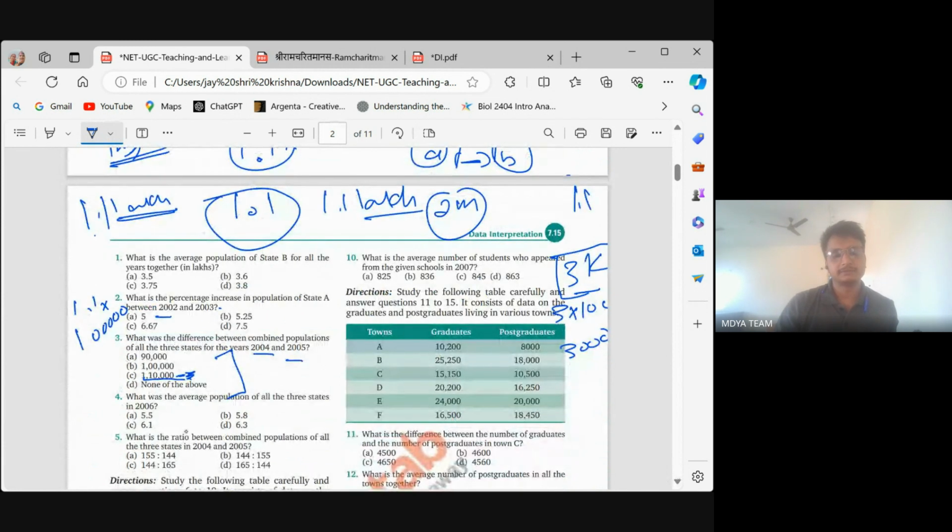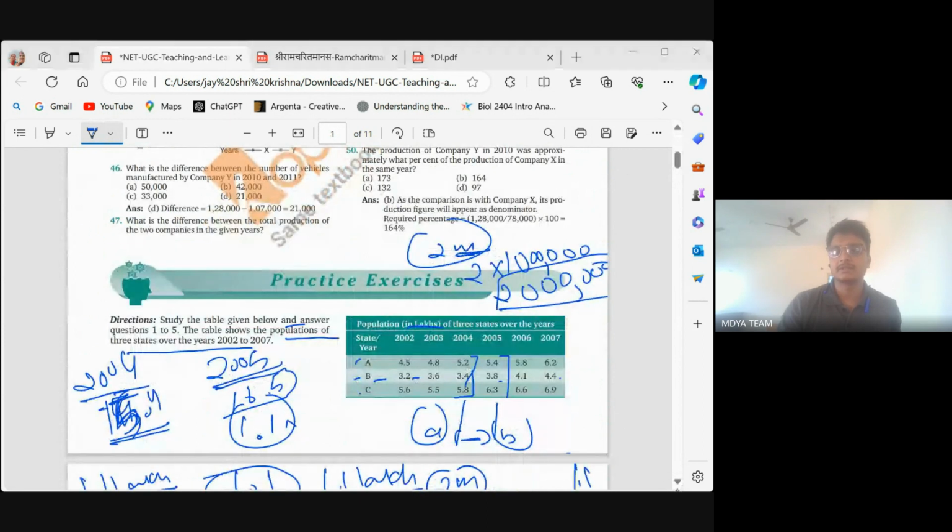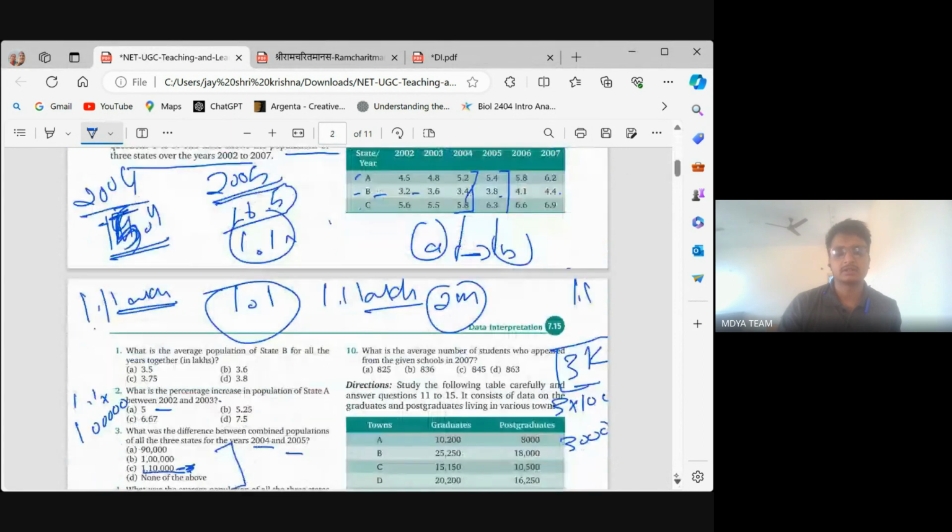Okay. Next question. What was the average population for all the three states in 2006? Now, here they are not asking in real values, the value in lakhs only. So here what you need to do: average population for all the states in 2006.